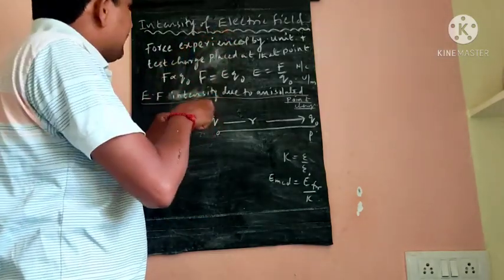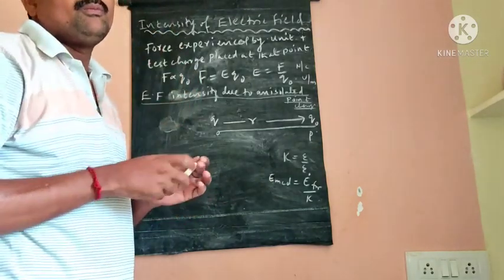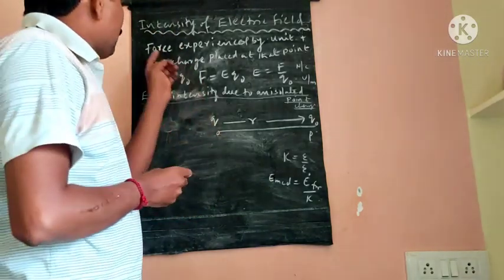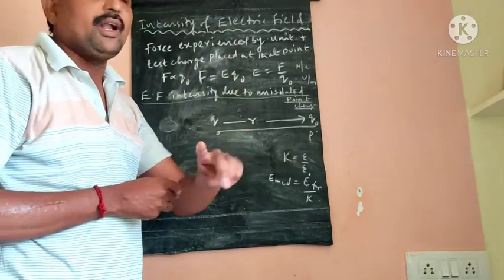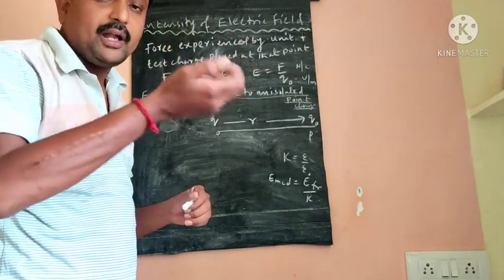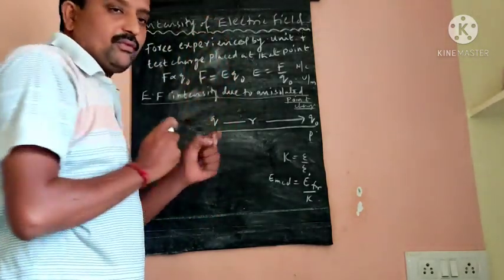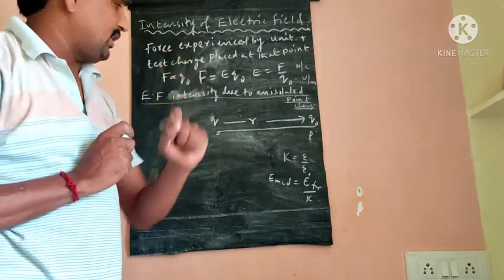The force experienced by a unit positive charge in the electric field is called intensity of electric field, and it is also called electric field strength.